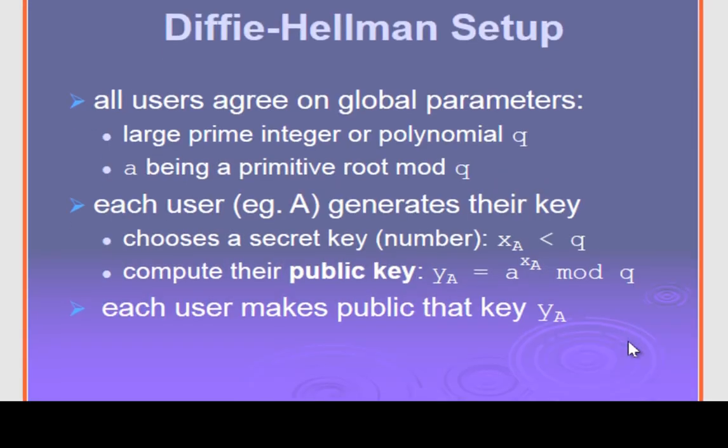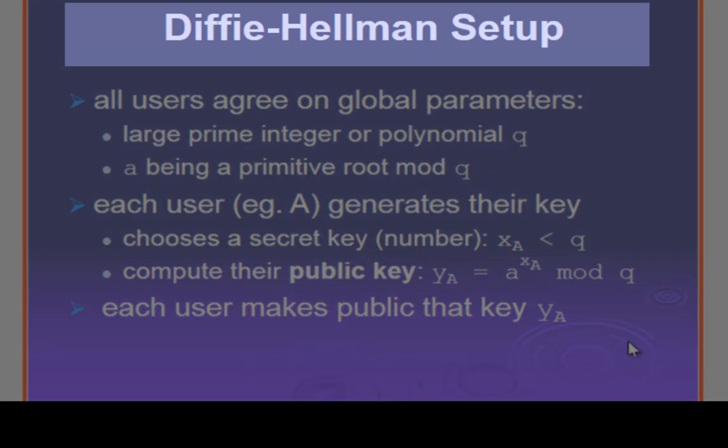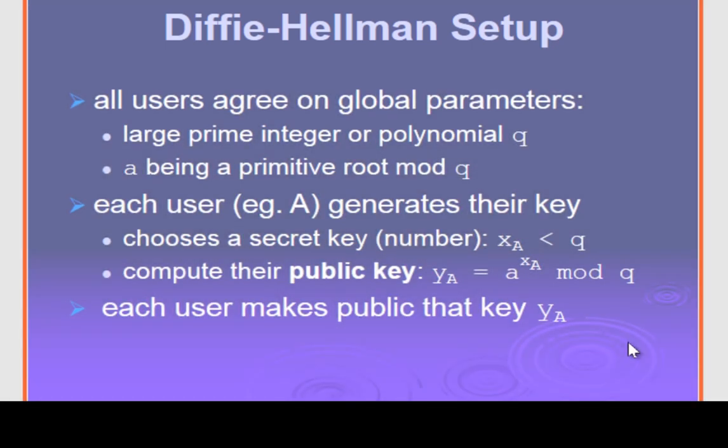Now let us see the Diffie-Hellman setup. All the users agree on some global parameters. All the users participating in the distribution have to arrange some global parameters.